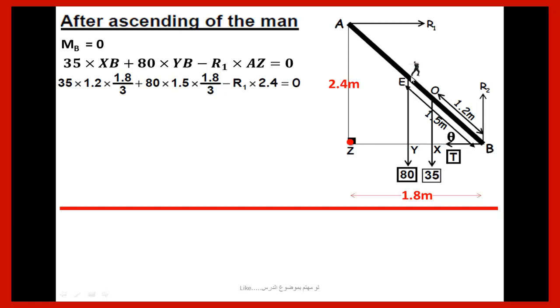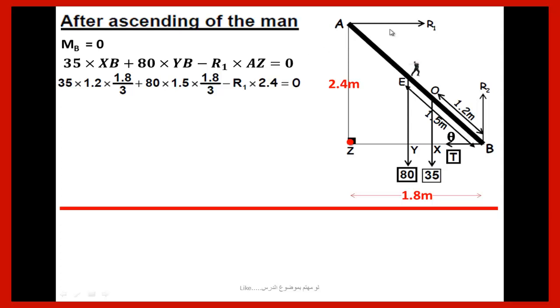It is 1.5 cosine theta, and cosine theta equals, we deduce it from the triangle ABZ, equals BZ 1.8 over 3 minus R1 multiply AZ. Why minus?